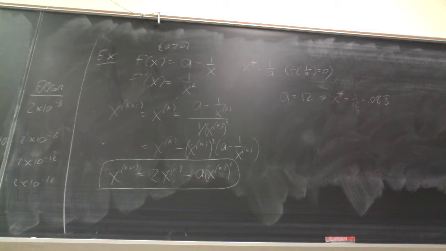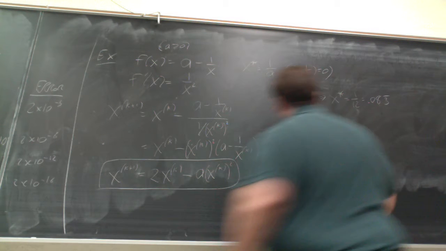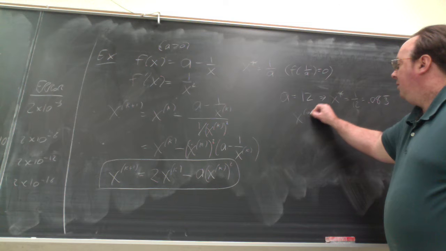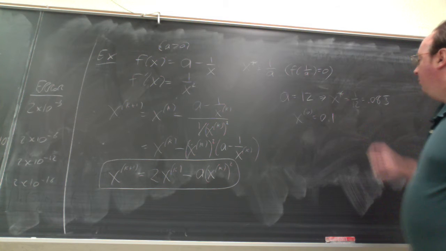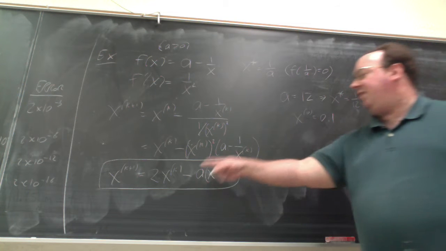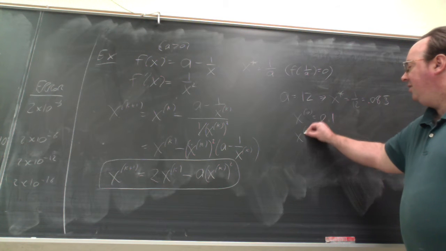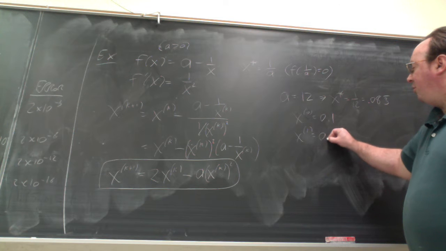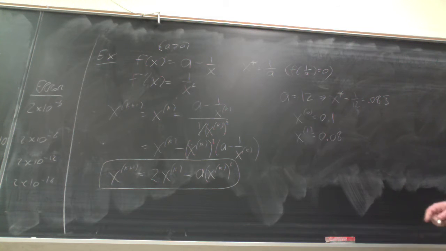So x naught is not far away. I carry out this iteration, substitute this in here, and I get the first decimal place correct, 0.08.